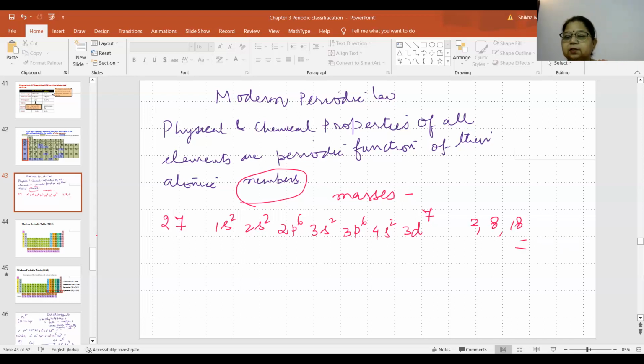Now, if I ask you to convert it into 2, 8, 18 terms, will you be able to do it? Do you know how to do that? If you know, just do it, and if you do not know, let me know. I will tell you how to do it.